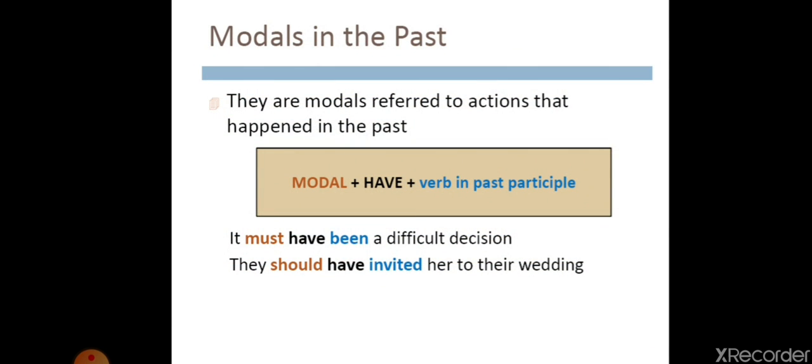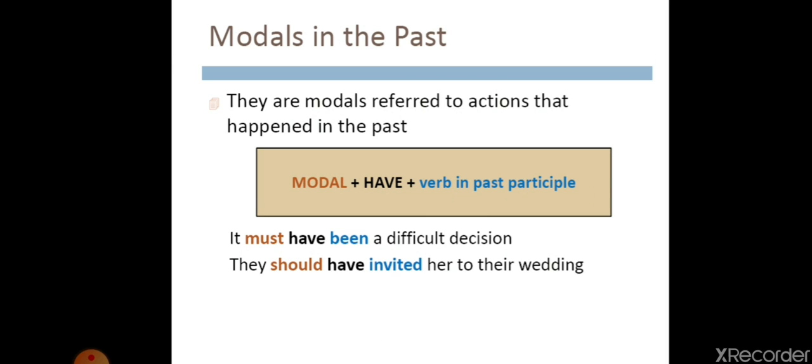Now there are some modals that are used in the past. Now see, there are modals referring to actions that happened in the past. So when we are referring to actions that have happened in the past, what we have to do? We have to add with the modal have plus verb in the past participle, that is verb 3. It must have been a difficult decision.